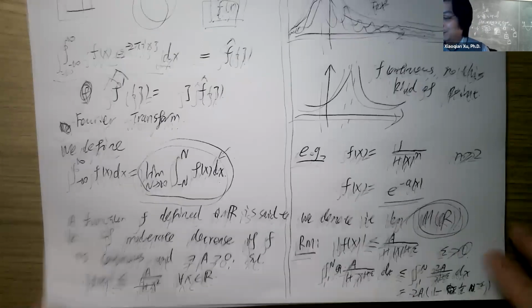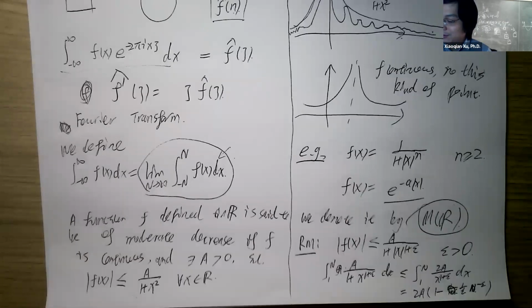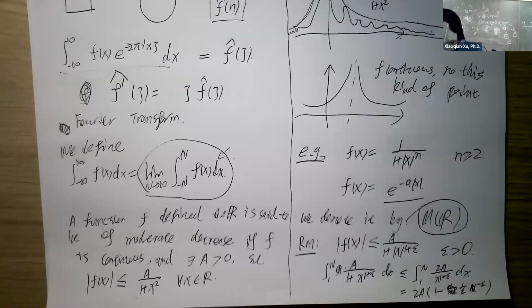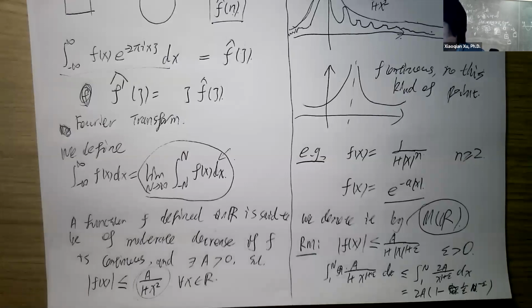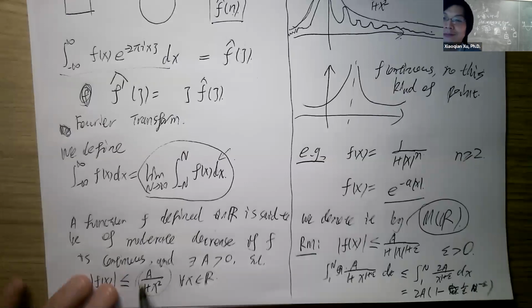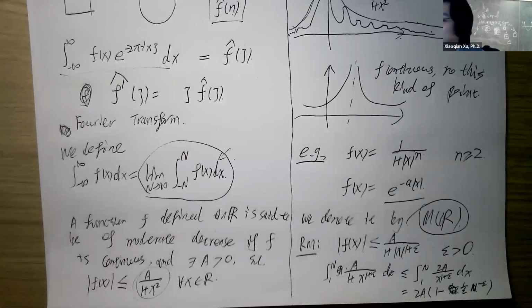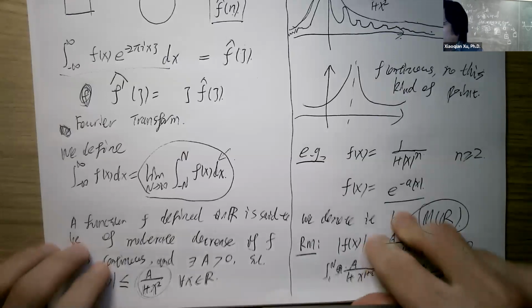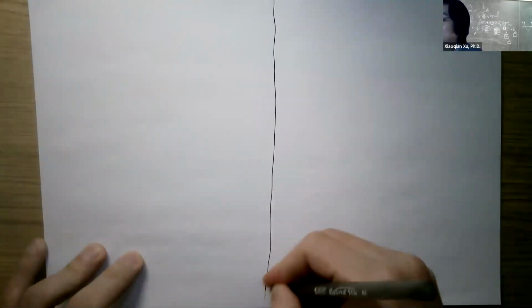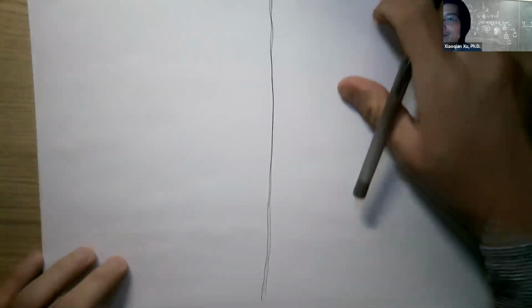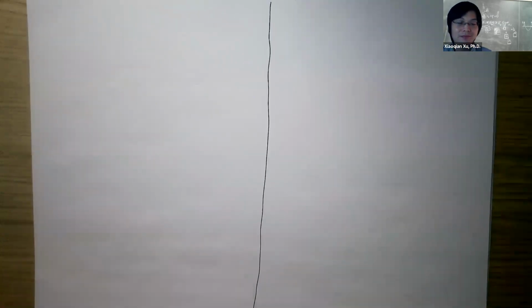But right now, you can see that the reason for us to define the moderate decreasing function is simply because this kind of function is easy enough for us to discuss. Okay? Now you see that we're trying to discuss some kind of function which decay very fast at infinity.